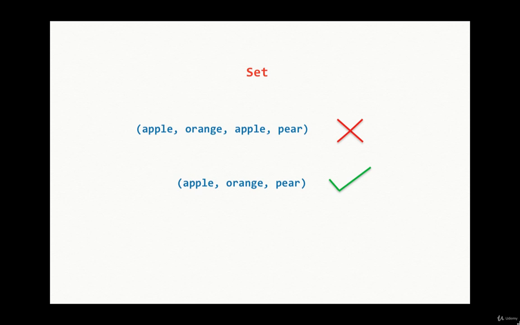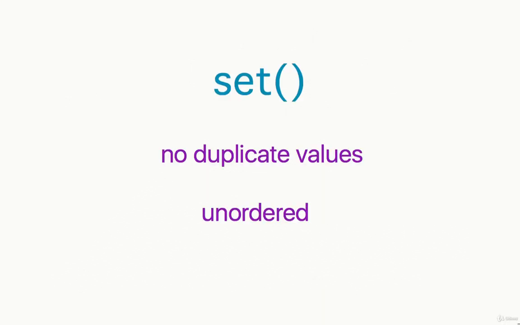The second example, where we have three elements, apple, orange, and pear, is a set because there are no duplicate values. So the point to remember here about set is there are no duplicate values in set and sets are unordered. There is no sequence in a set.